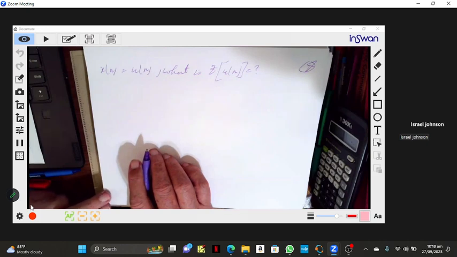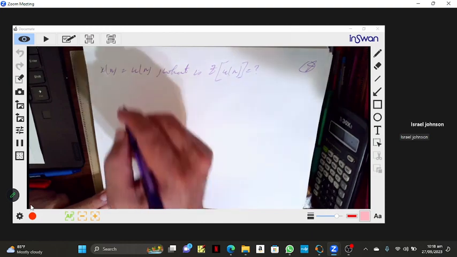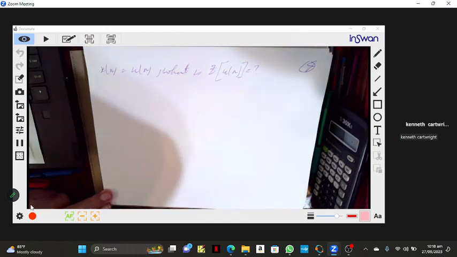I think it's the unit step function. Mr. Johnson, why don't you know these basic things? It is the unit step function. Why is there any question?